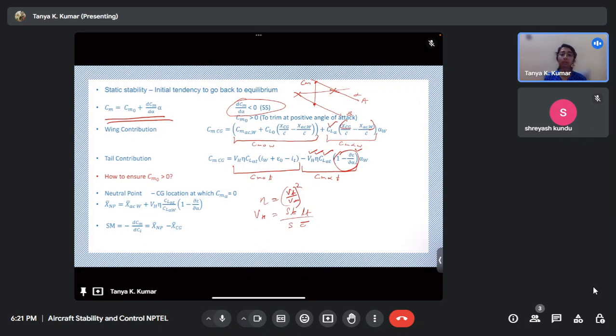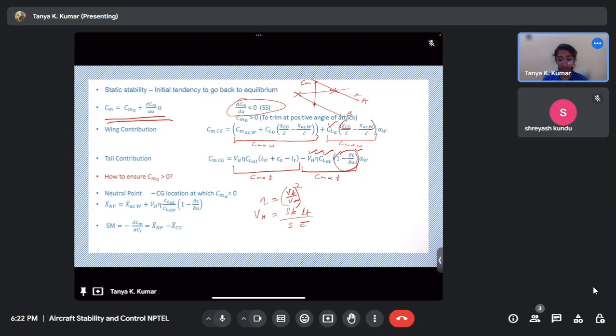How do we ensure Cm naught to be greater than 0? We have said that we prefer Cm naught to be greater than 0. By looking at these equations, what can you suggest? How do we make Cm naught greater than 0? In what ways can we make Cm naught greater than 0?